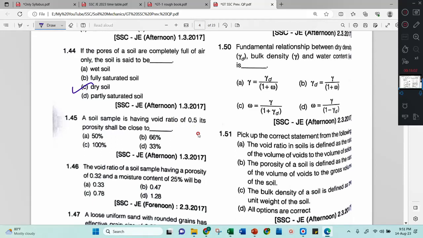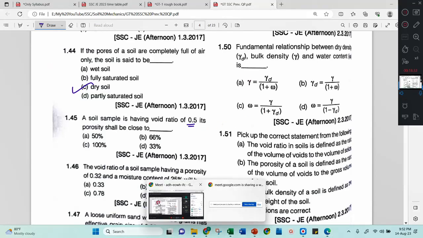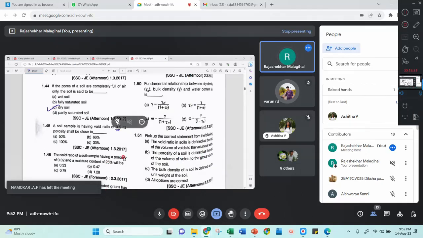A soil sample is having a voids ratio 0.5 and the porosity shall be close to, answer it. Option D. Option D, right answer.